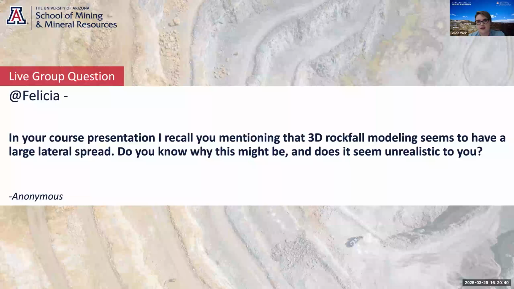What I think, and that's actually indicated in the colors in some of the figures I showed, is that while the 3D rockfall modeling showed it was possible that a rock could spread or fall in those locations, the percentage of rock falls that did was actually very low, often half or 1%.